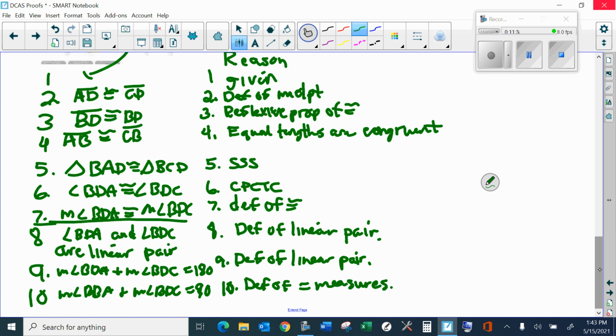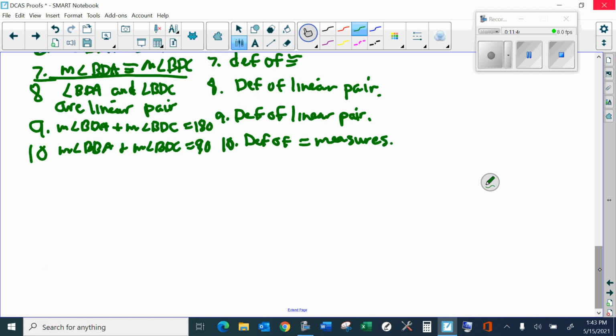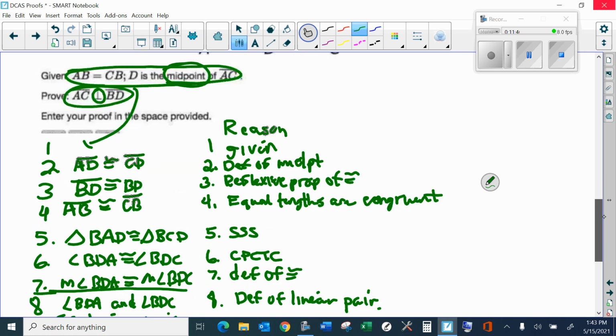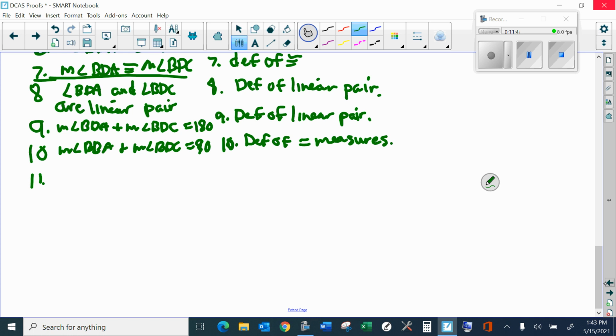And then the last step would be to say, since now I've shown that they're 90, I can now say what I'm trying to prove: segment AC is congruent to BD. I mean, it's perpendicular, not congruent, to BD, and that's by definition of perpendicular.